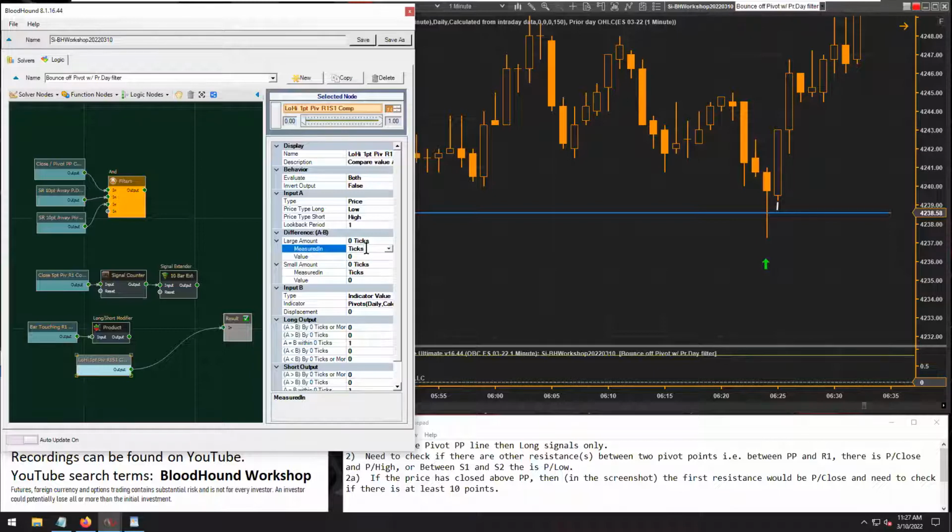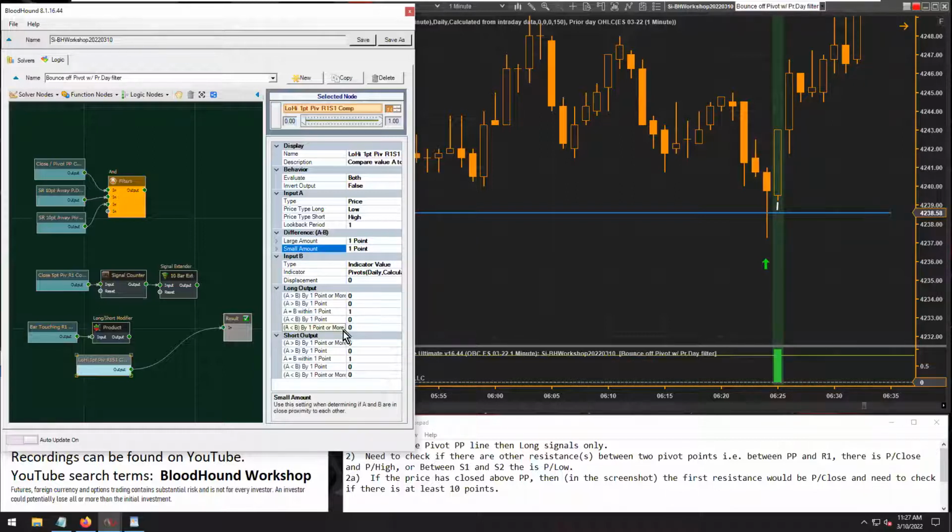So we're not doing ticks, we're doing points. So we're going to change the measurement units back over to points again. And let's put 1 point in there. There. Okay, there we go.